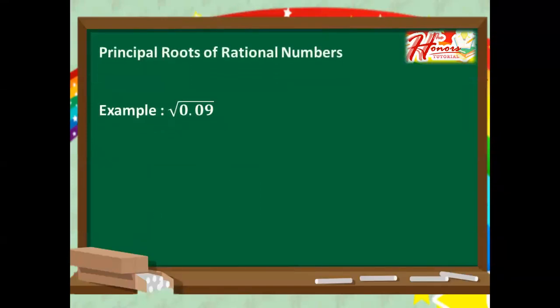How about this? This is a decimal, right? I will teach you a technique about it. For decimal numbers, automatically your answer should be a decimal also. So therefore, when you are to get the square root of 0.09, you have to start with a decimal also.